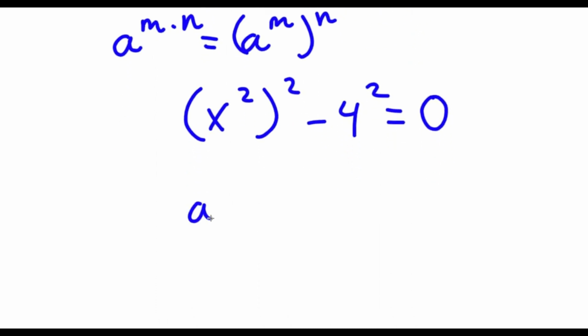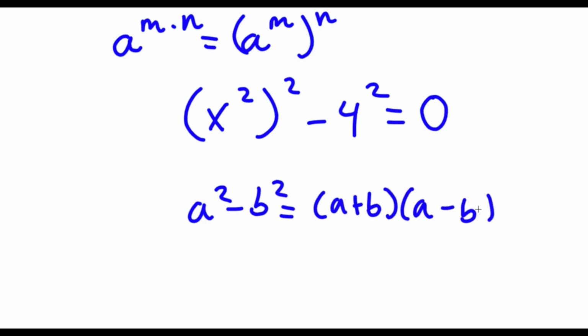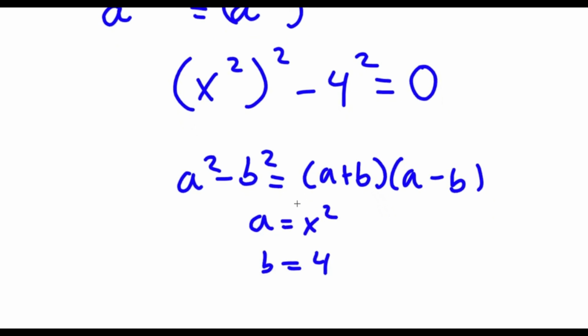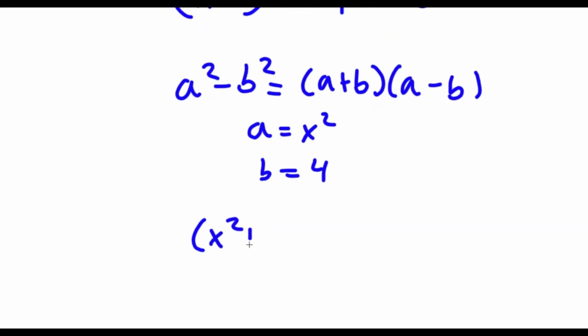Now if I have something in the form a squared minus b squared, this is equal to a plus b times a minus b. So in this case, a is equal to x squared and b is equal to 4. So now I have x squared plus 4 times x squared minus 4 is equal to 0.